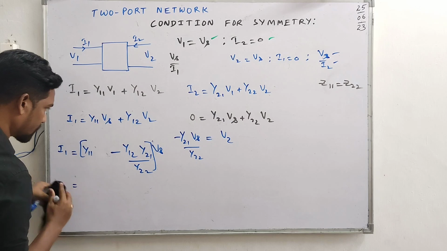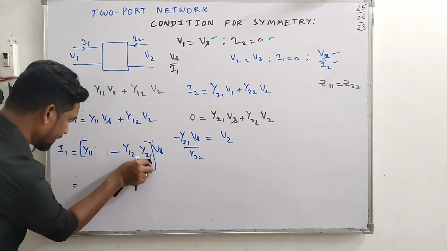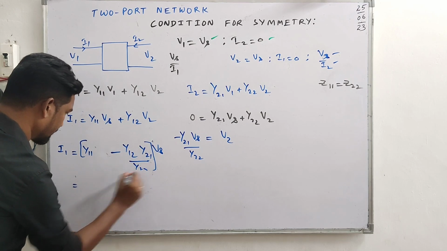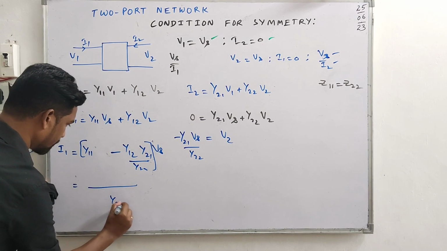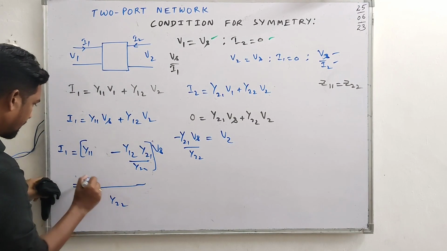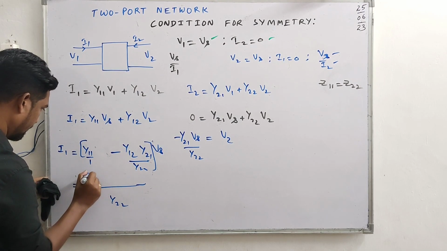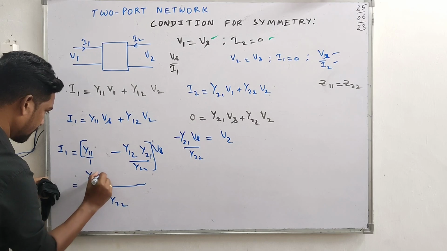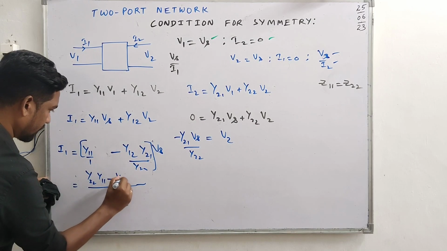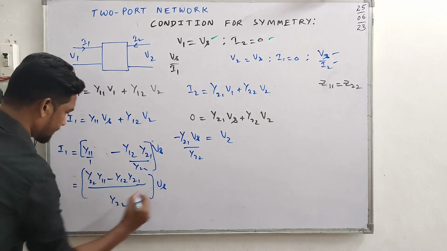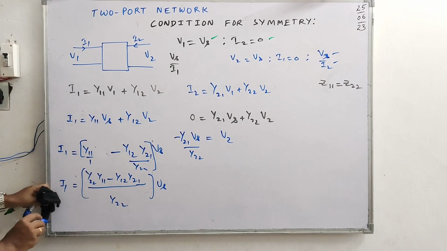Simplifying this, what do we have? y22 in the denominator, and the numerator is y22 y11 minus y12 y21, into Vs, which is equal to I1.